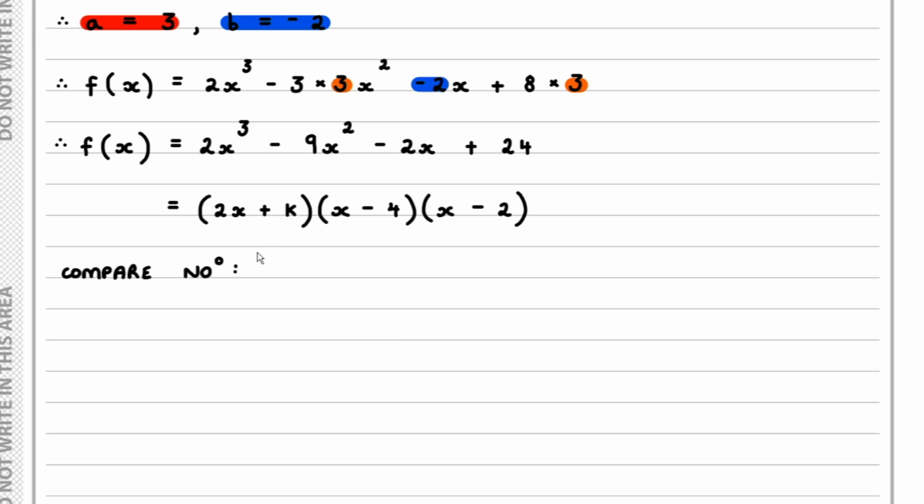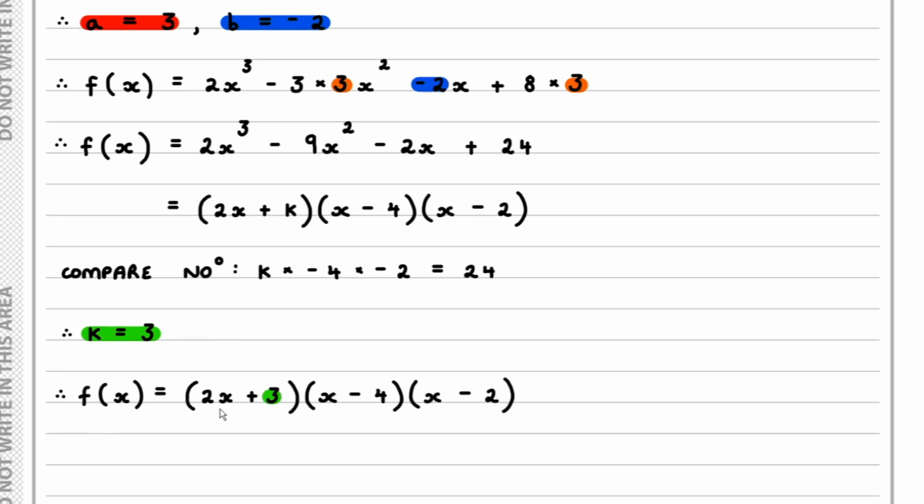Comparing the number terms, we would have k multiplied by -4 multiplied by -2 equals 24, which means k is equal to 3. Knowing that k equals 3, we can therefore conclude f of x equals 2x plus 3 multiplied by x subtract 4 multiplied by x subtract 2.